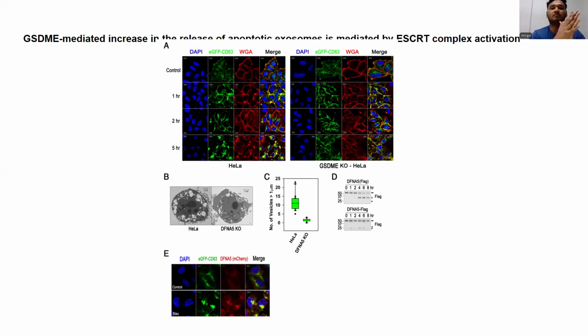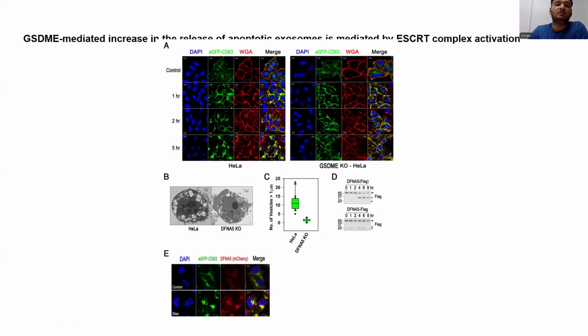Then to find the relationship between the Gasdermin E and the ESCRT complex, with confocal microscopy and TEM imaging, it was found that the size of the vesicles in the Gasdermin E knockout cells was very small when compared to the wild type HeLa cells, which can be more easily seen in the TEM images, where in the wild type cells the vesicle size is very high, possibly they are multivesicular bodies.